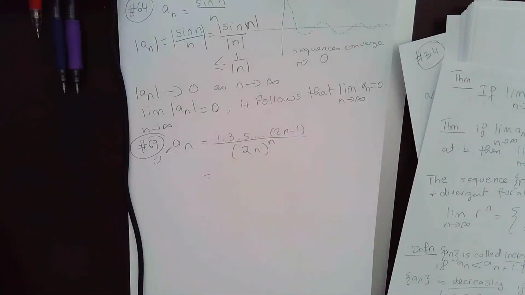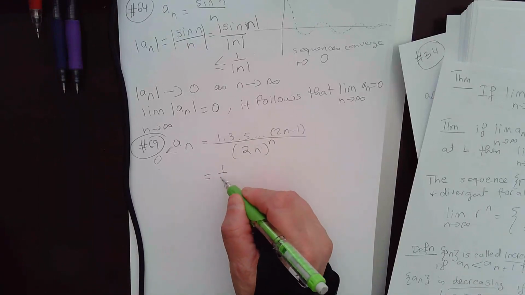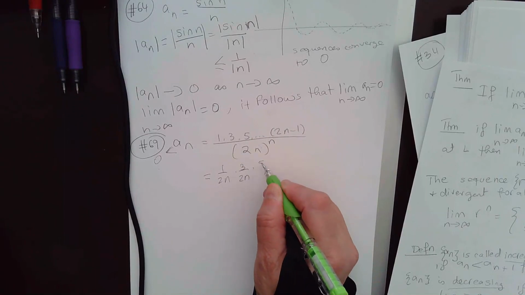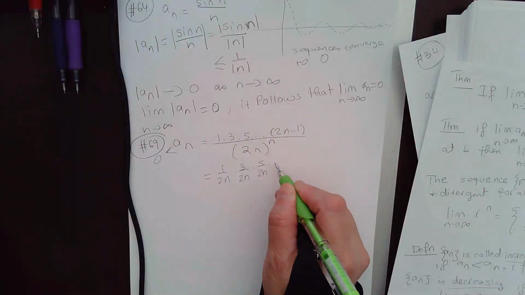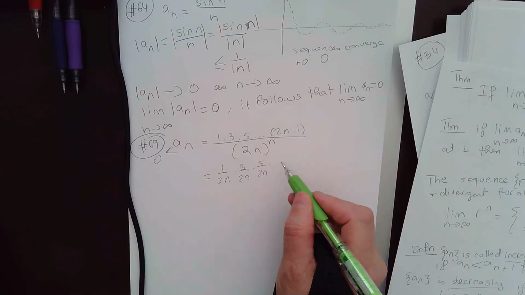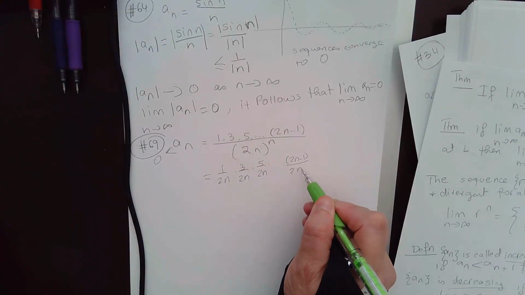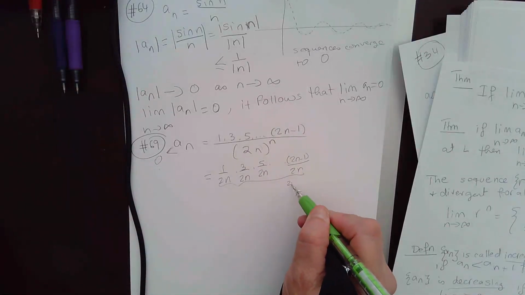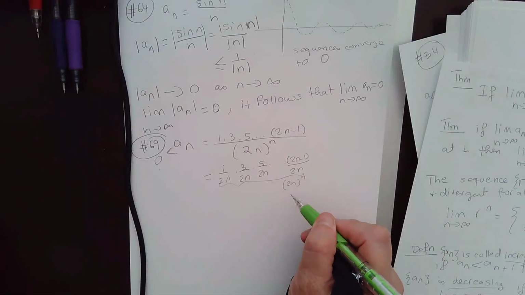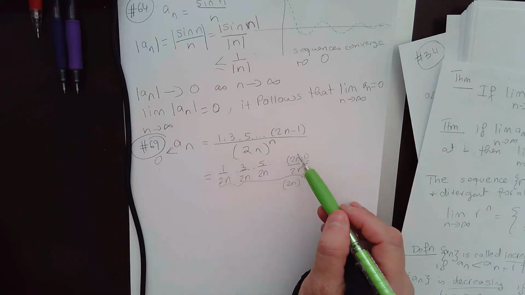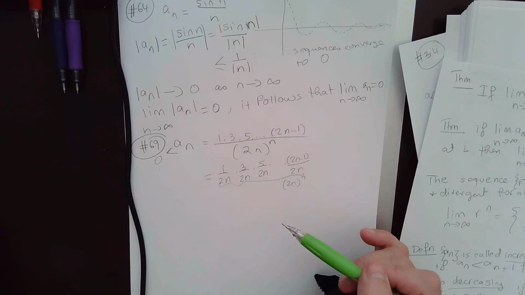So if we use what we've done in one of the problems earlier, I think it was number 62, think about it. Here we have 1 over 2n times 3 over 2n times 5 over 2n times, that's going to be odd, 7 over 2n and so on, all the way to (2n minus 1) over 2n. So here 2n is a factor n times, right?